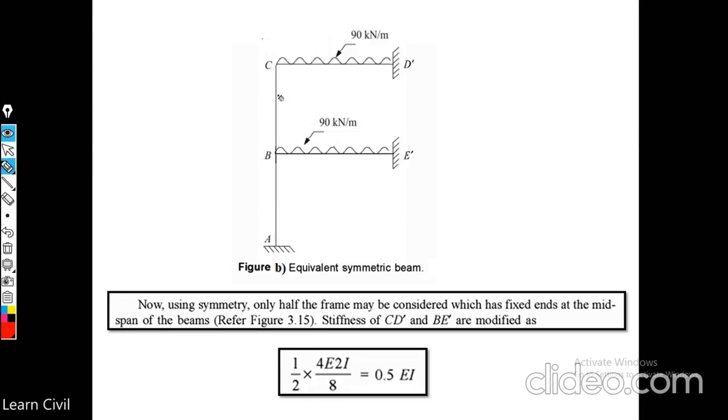So for span CD, which was 8 meter, the stiffness will be half into 4 EI, where I here is twice I, divided by 8. So we get the stiffness as 0.5 EI for spans CD dash and BE dash.